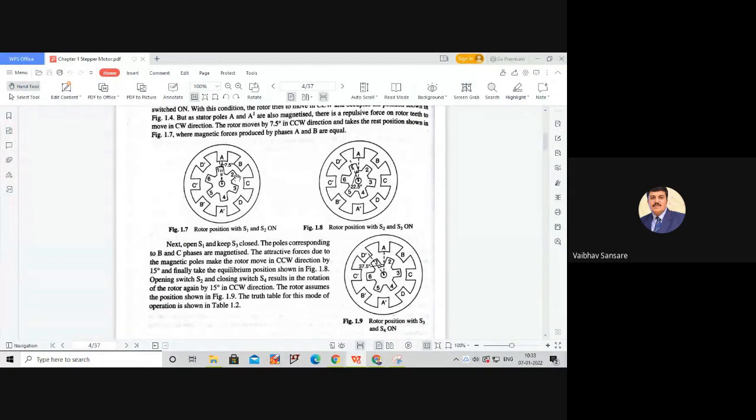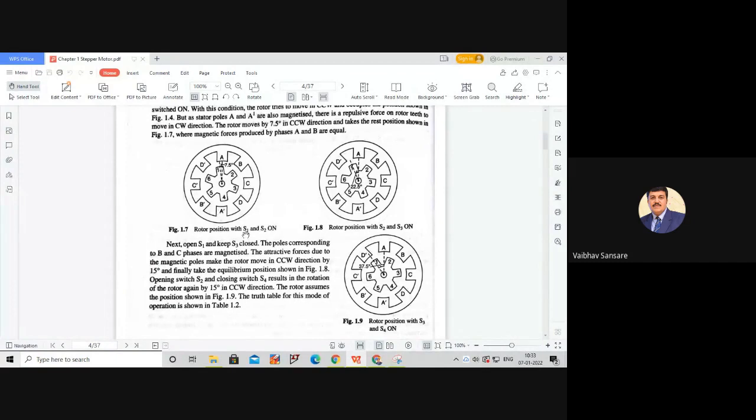Therefore, rotor poles 2 and 5 try to align themselves in the forward direction under B and C. At the same time, rotor poles 3 and 6 also try to align themselves under the influence of stator poles C and C dash, and that will achieve the 15-degree rotation in the counterclockwise direction. So the equilibrium position is the 15-degree rotation after the initial state.